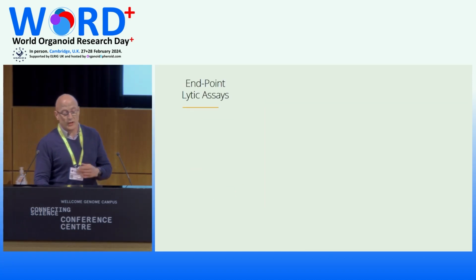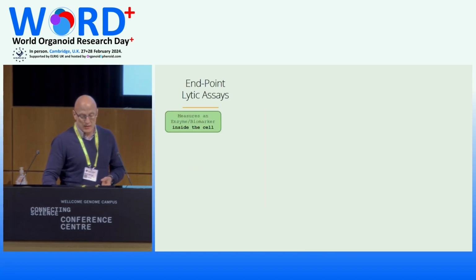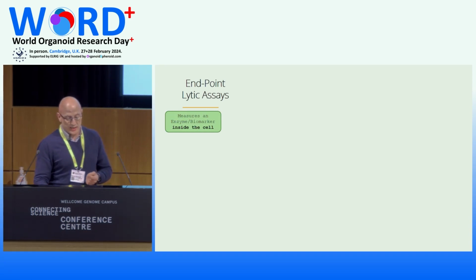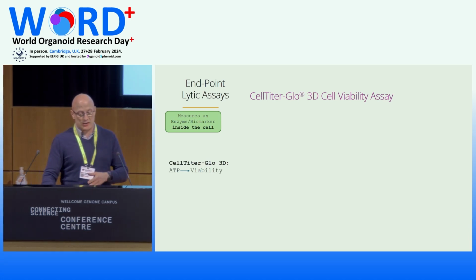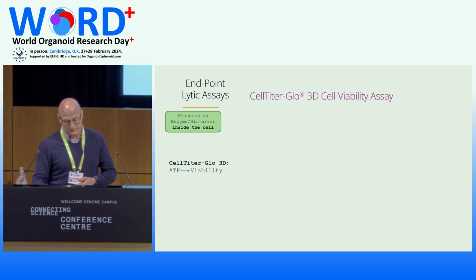So looking at our endpoint lytic assays, these assays measure an enzyme or biomarker in the cell. A good example of that, and some of you probably use this assay, is the CellTiter-Glo 3D cell viability assay. Essentially that measures the amount of ATP in the cell, which is a good proxy for viability. So here you have your 3D culture in a well.